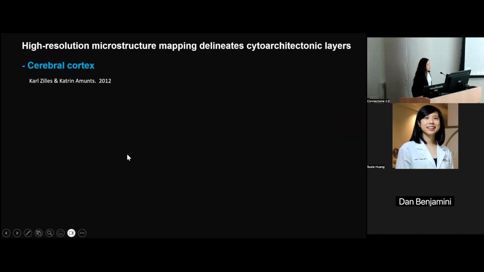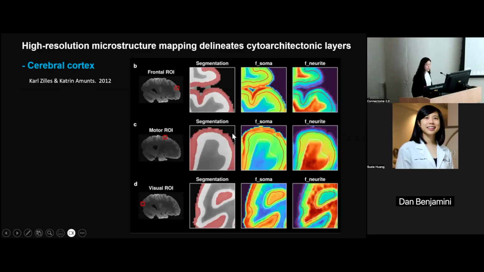The microstructure variations within the cortex also closely resemble the Nissl staining summarized in this book chapter. For example, you can see the lack of a cell dense layer 4 in the motor cortex versus the presence of the cell dense layer 4 in the visual cortex by looking at the cell body fraction near the boundaries of the supra and the infragranular layers.